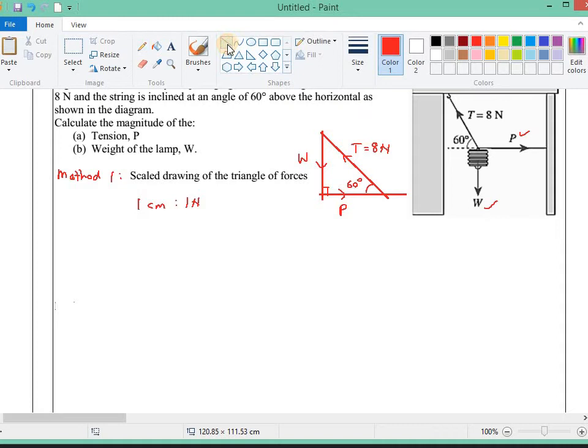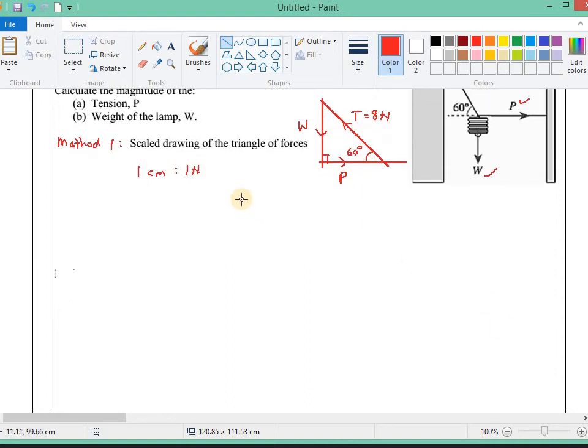So first, this T, 8 Newton. We draw a line about 8 centimeter long, roughly. We measure with a ruler.